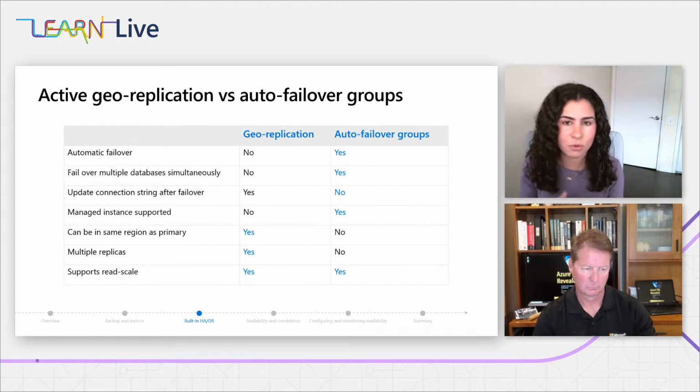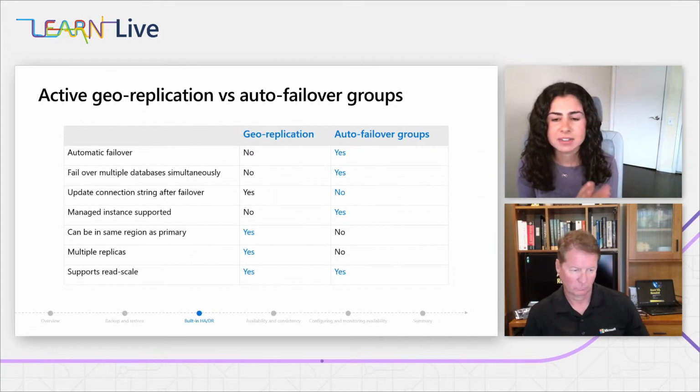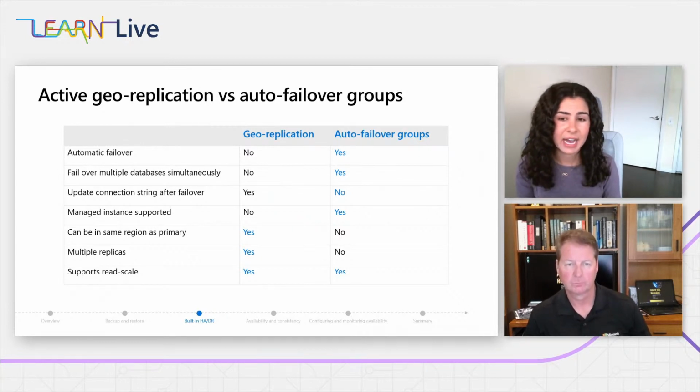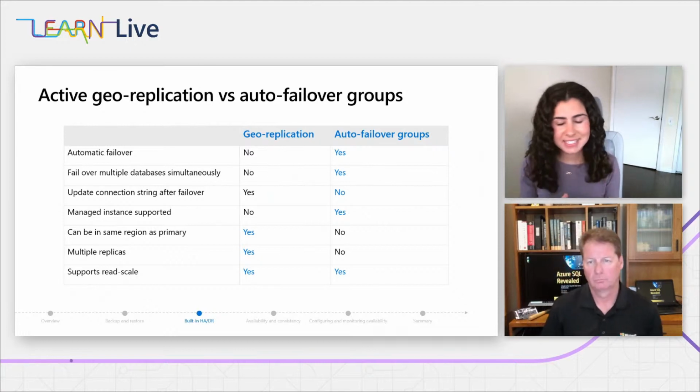So you can scale where your app users are, people running reports are. Now, something to be aware of with Geo Replication is it's not supported for Azure SQL Managed Instance. And there's no aliasing over top of it by default. So you do have to update your connection string after a failover.